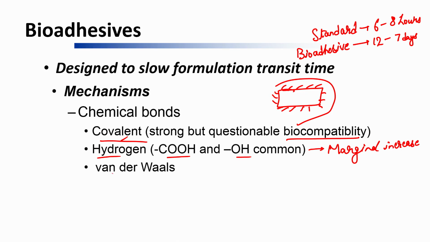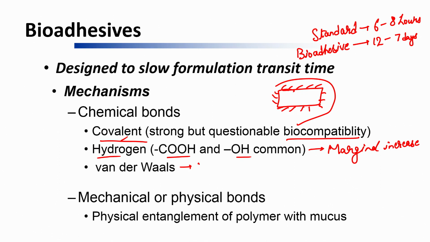And then of course, you can use van der Waals forces as well. They are better than the hydrogen bond in terms of their strength, because there are several of them, but again they also show not a very high increase in the residence time, maybe slightly better than hydrogen bonding, but still not sufficient to get it up to the period of days.